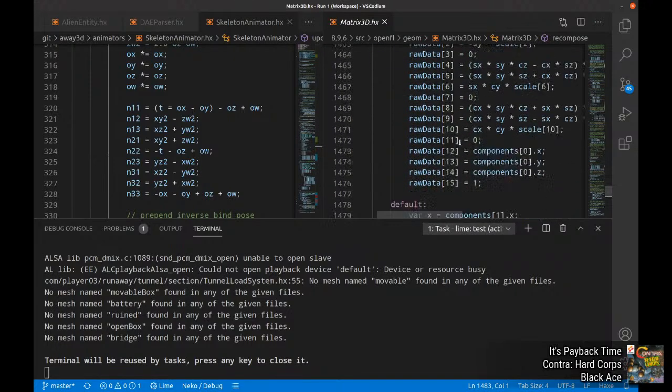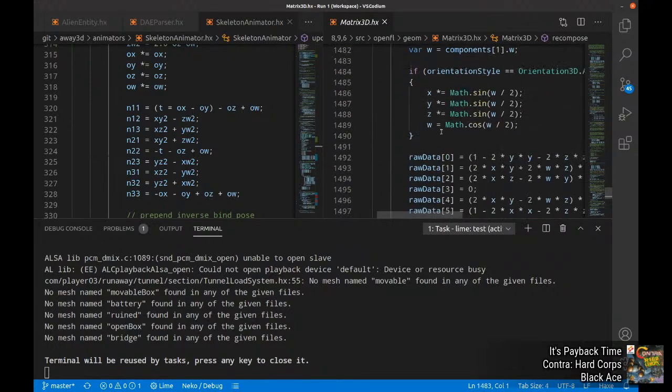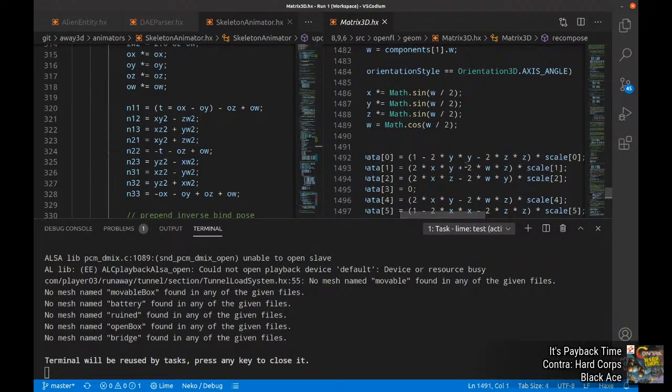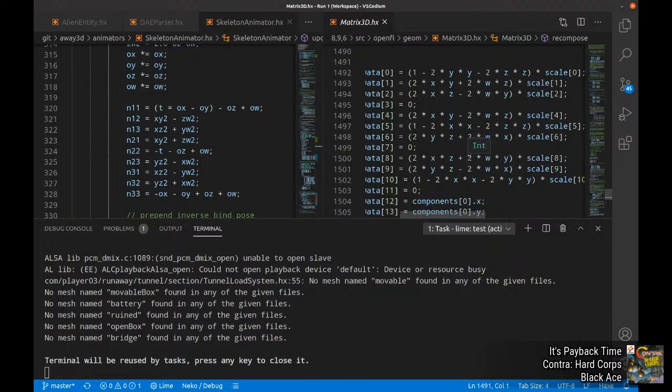Orientation style, Euler angles. Oh, quaternion. Fair enough. Okay, so if this is the same function, or the same code, then that would explain what's going on.